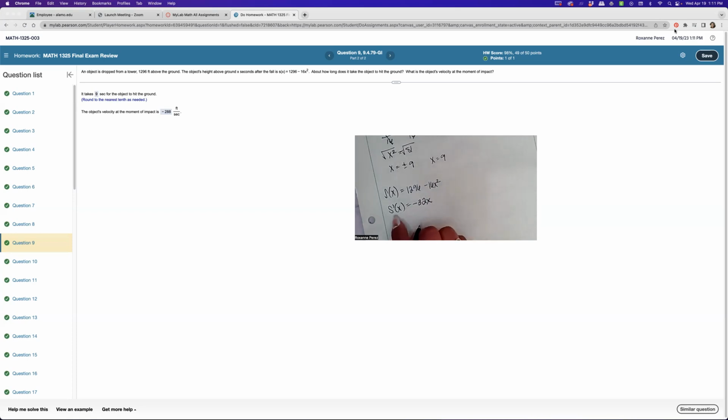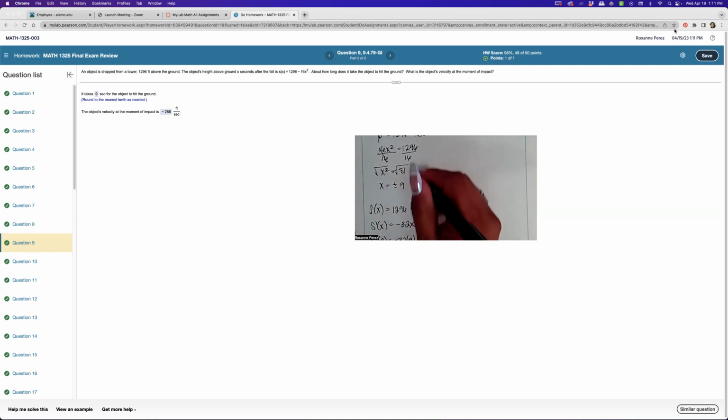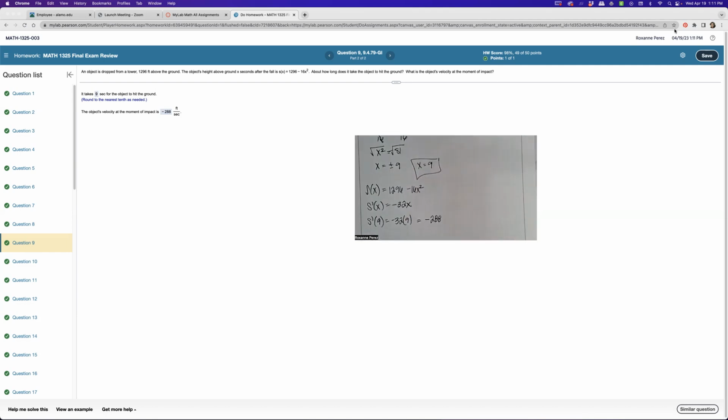You're going to now evaluate s prime of x at 9. And that's going to give us negative 288. Okay, so it takes 9 seconds for the object to hit the ground, and the object's velocity at the moment of impact is negative 288 feet per second.